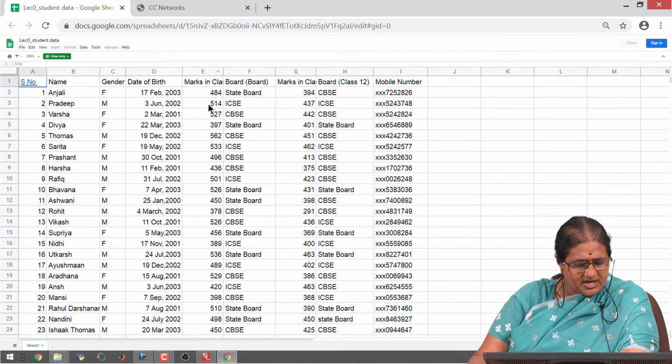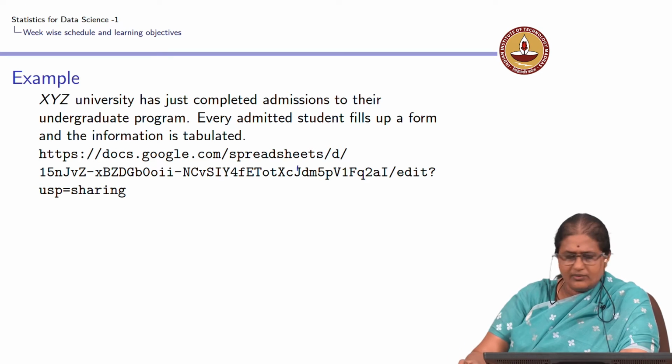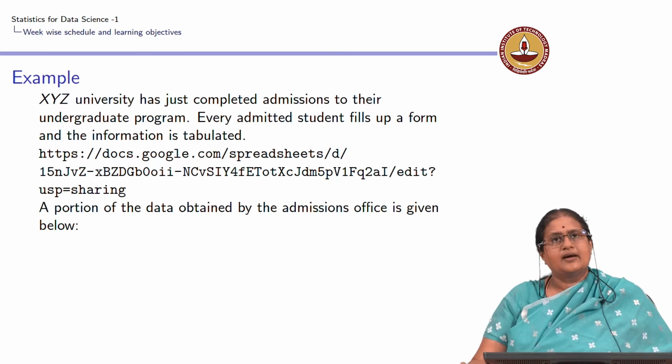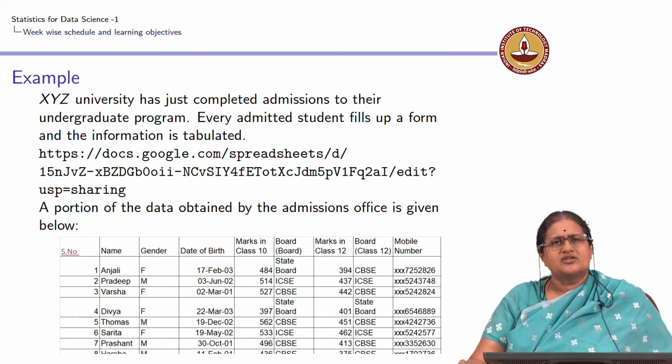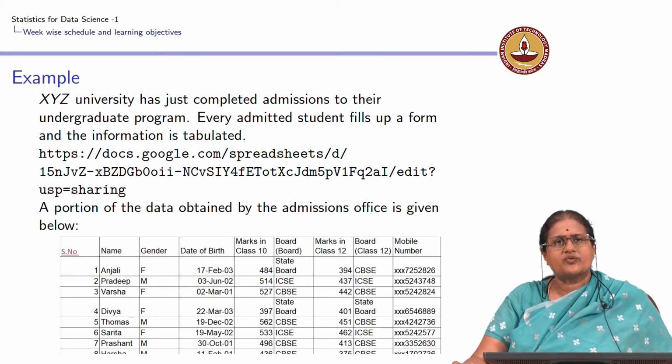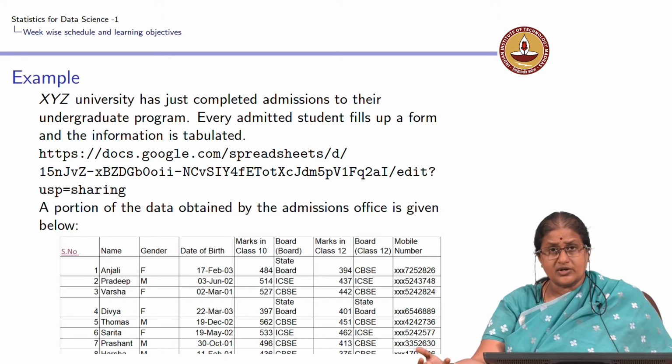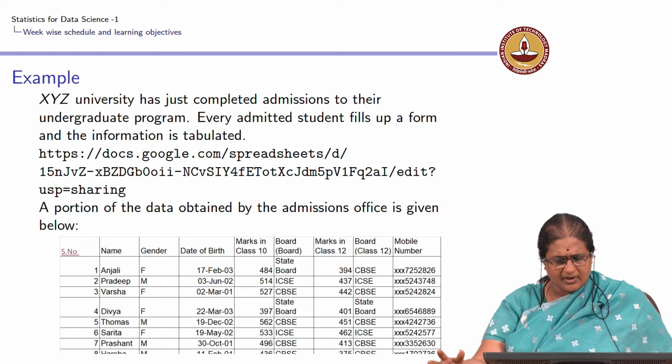Given this data set, I have just pasted a portion of it. Perhaps the first thing we would want to see is that you already have name and gender, and marks in class 10 and class 12 are captured as numbers.